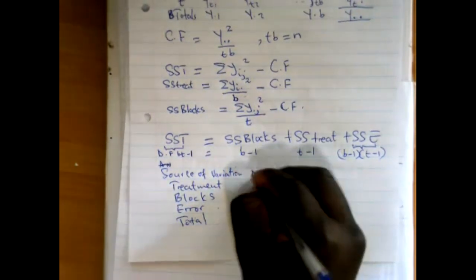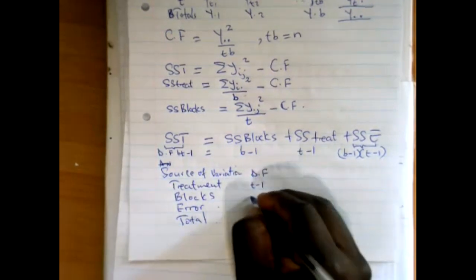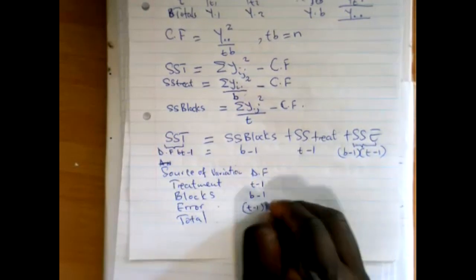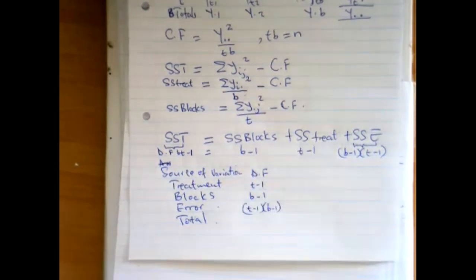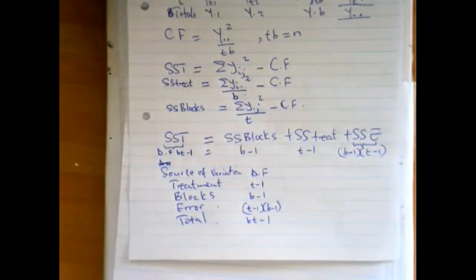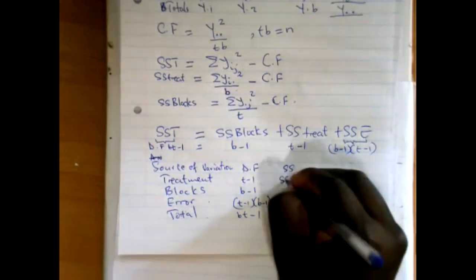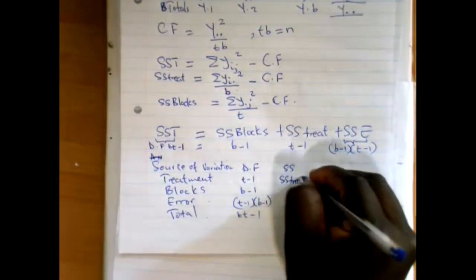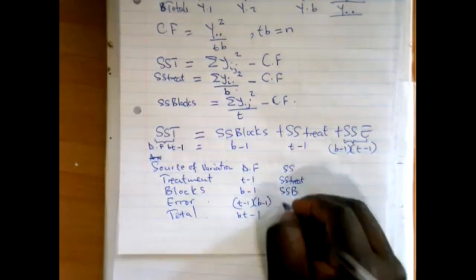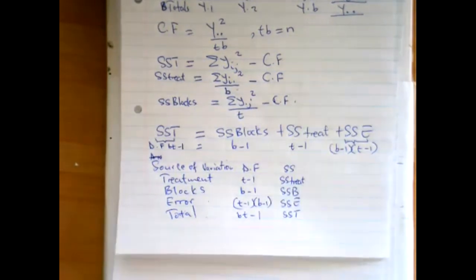Now, the degrees of freedom: T minus 1, B minus 1, T minus 1 multiplied by B minus 1, BT minus 1. Now, our sum of squares: SS treatment, SS block, SS error, SST.